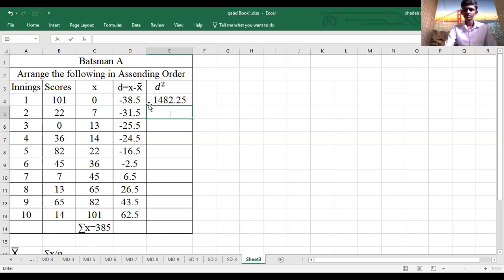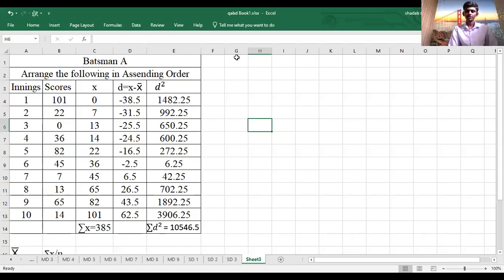Here, minus 31.5 into minus 31.5 is 992.25. If you do this till the end, you will get sigma D square equal to 10,556.5.